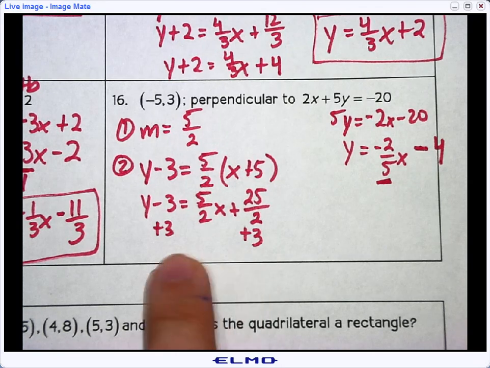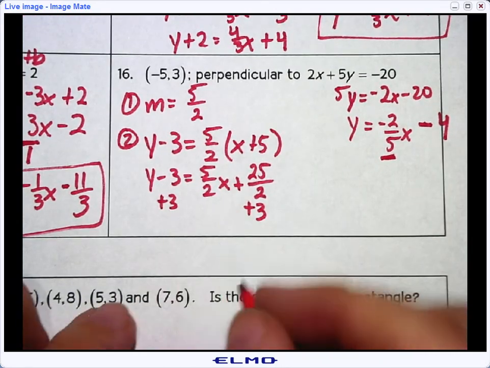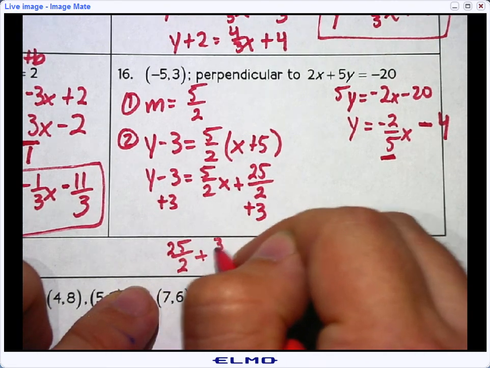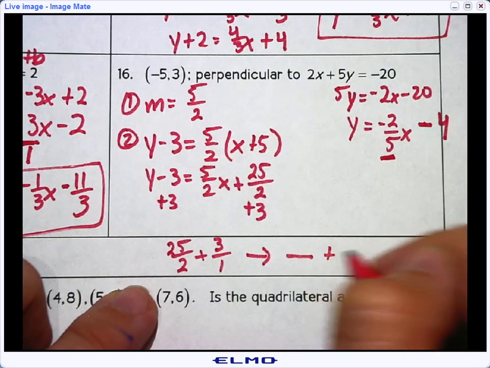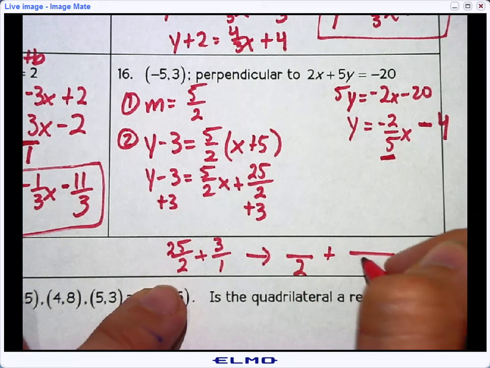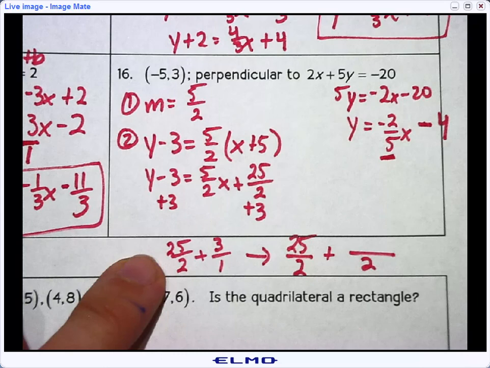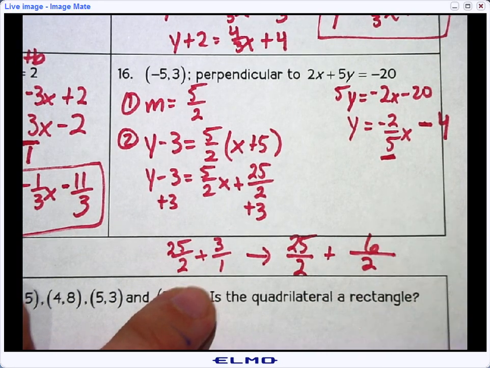Similar problem, adding 3 to a 25 over 2. So we'll take care of that right down here. So 25 over 2 plus 3 over 1. We're going to transform that. So 2 and 1, common denominator is going to be 2. That did not change, so the top's not going to change. 1 into 2, well, that's 2. 2 times 3, 6.